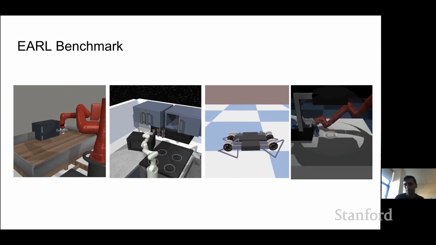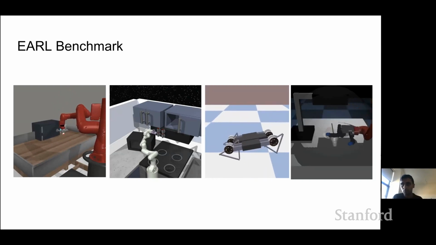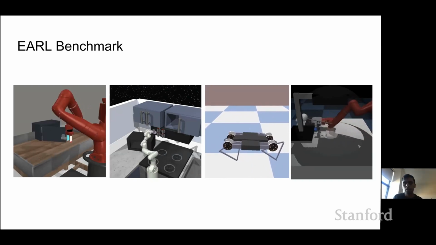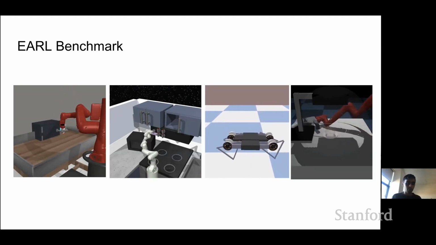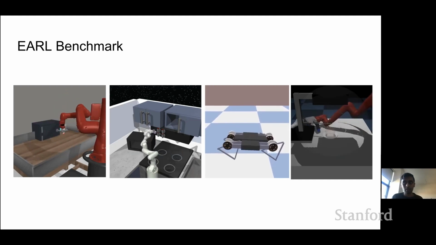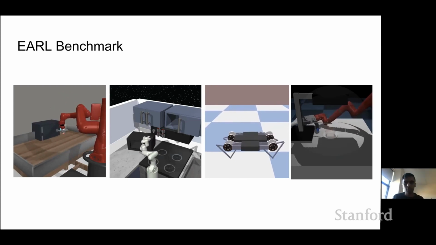I would point out a surprising result towards the end as well. Some of the tasks we consider are manipulation tasks. We have a multitask kitchen environment as well, where you have a diverse set of tasks. We have locomotion, and we have some high dimensional dexterous hand manipulation tasks as well. We strongly want the community to participate in improving the algorithms and developing better ways to scale up data collection and do RL in general.